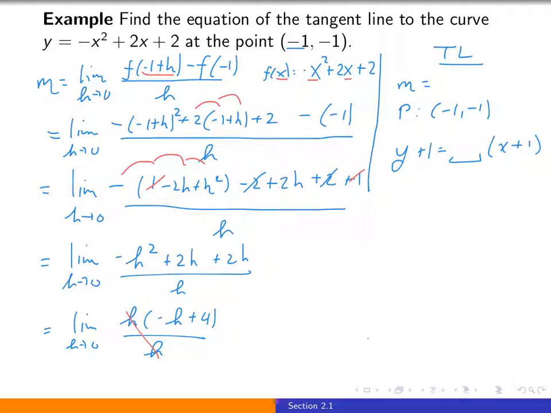Cancel the h's. What we are left with is a polynomial, so we can use the substitution property. Just plug in h equals 0. And the value of our limit is going to be 4. The number 4 corresponds to the slope of the tangent line. So if we simplify this down to slope-intercept form, we'll have 4x plus 4 minus 1. So 4x plus 3.